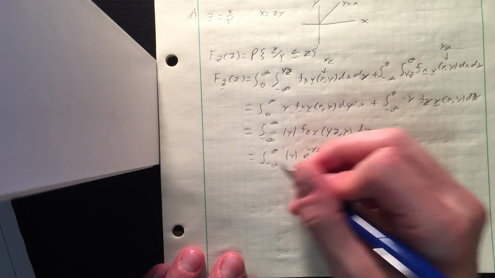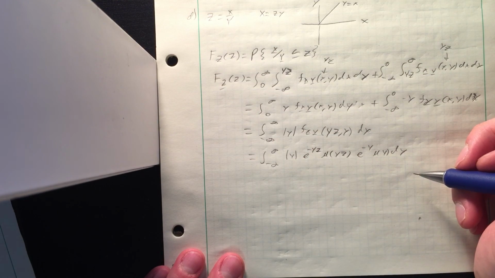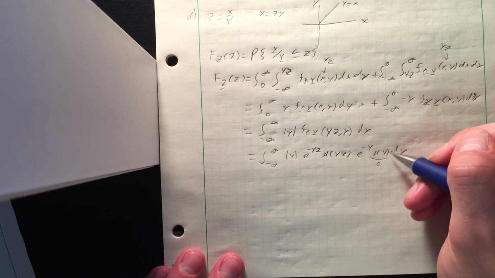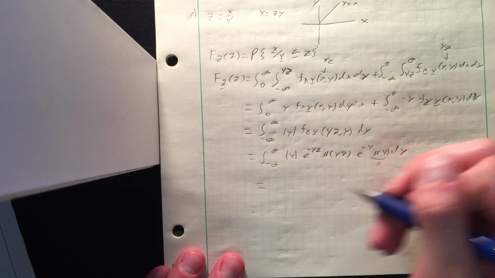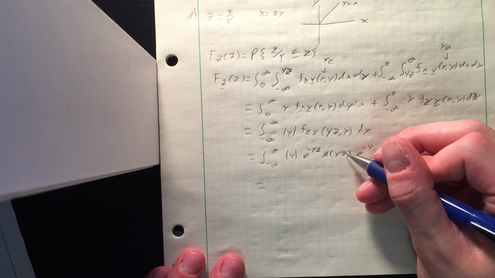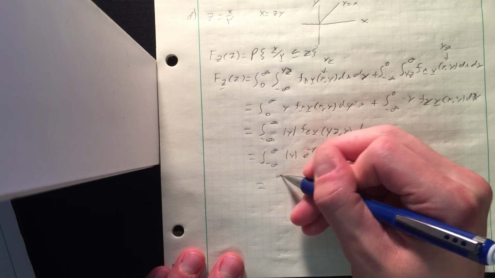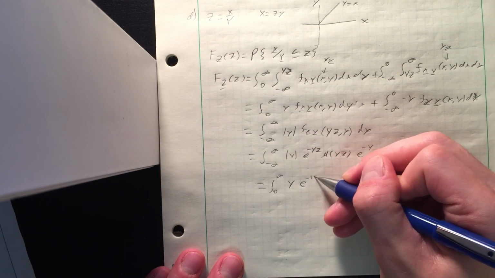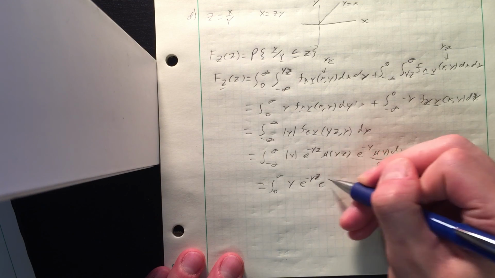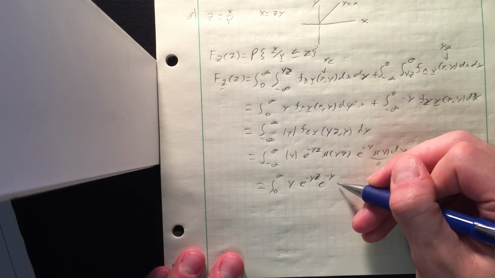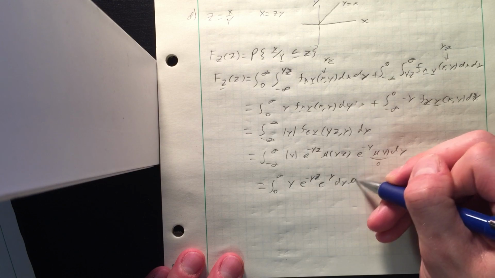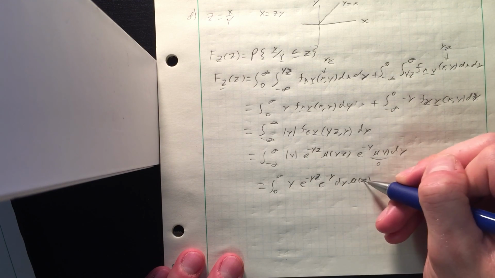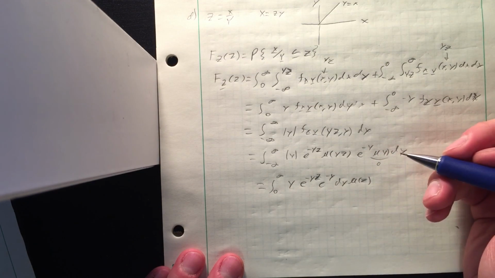And we can use these to change our limits. So for example, this makes it a 0 limit again for the lowest value. And we can just say, well, from infinity to 0, we have y e to the negative yz, e to the negative y, dy, triggering at z.